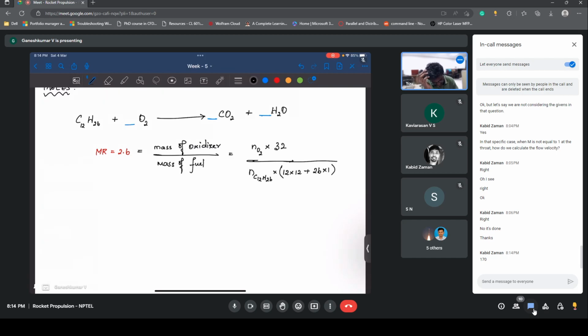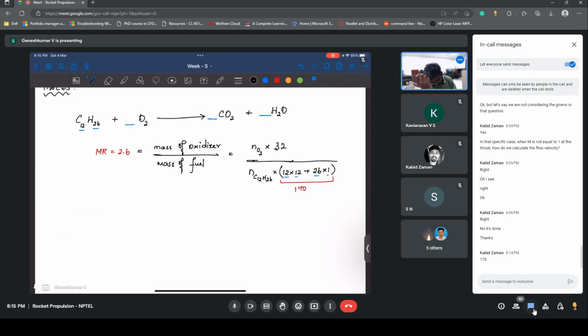So yes, it is true, it's 170, because when you do this calculation, it's nothing but 12 carbon atoms we have. We know carbon's molecular mass is 12. So 12 into 12 plus 26 is the hydrogen, 26 into 1, hydrogen's molecular mass is 1. So when we add this, it's going to be 170.